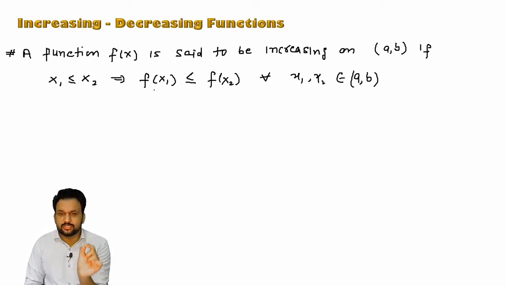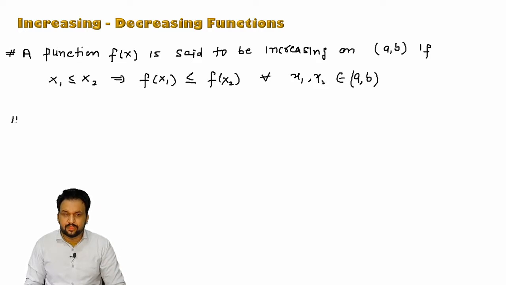If your function gives a smaller value at the small point and a greater value at the large point, clear? If this condition is followed by some function, that function is known as an increasing function. Logic clear?